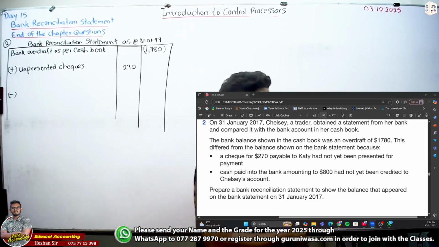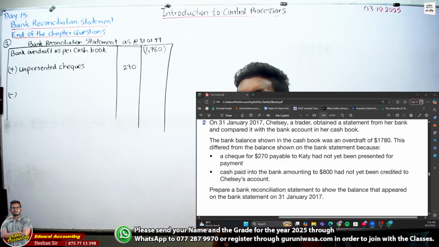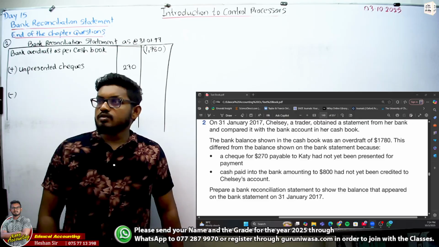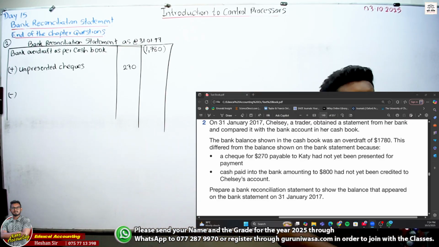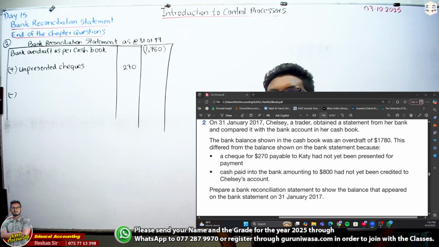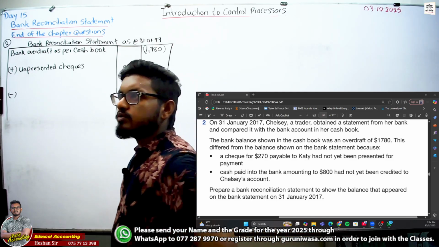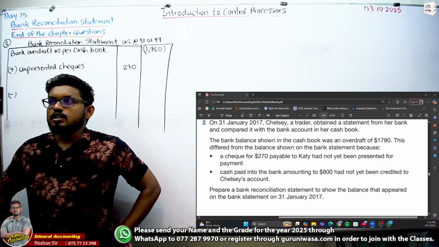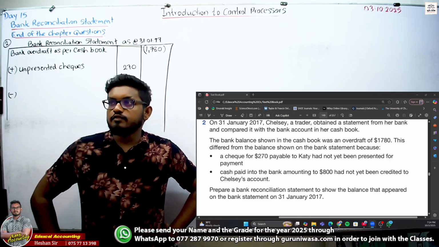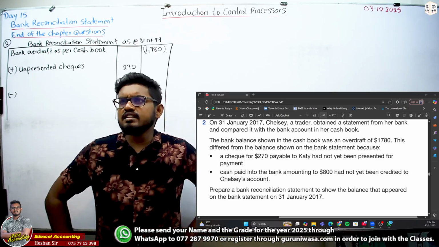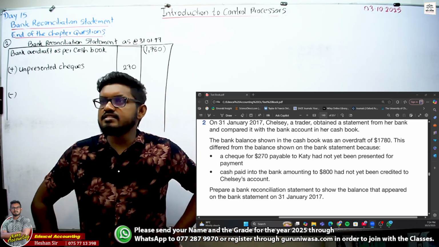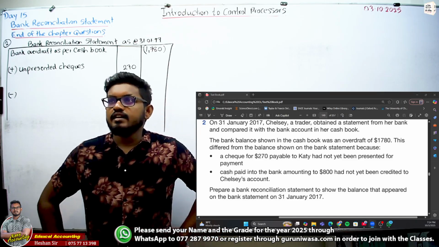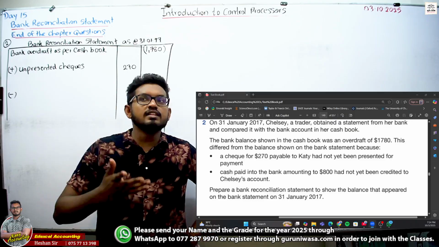Next one. Cash paid into the bank amounting to 800 had not been credited to Chelsea's account. Chelsea is the owner. The owner has paid cash into the bank, which means deposited cash into the bank.